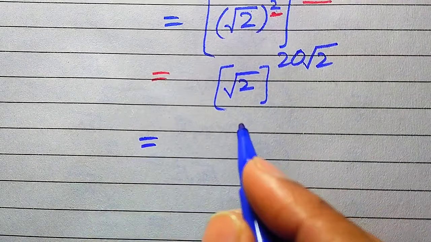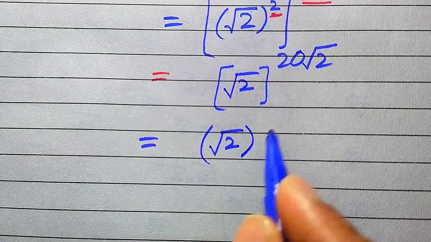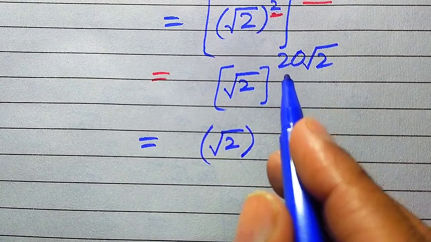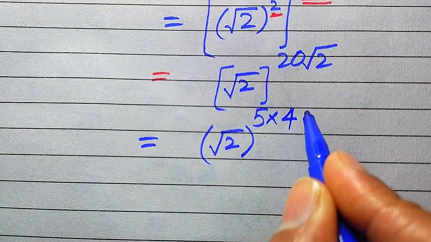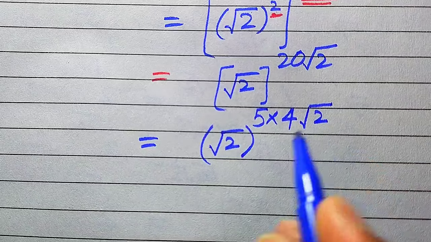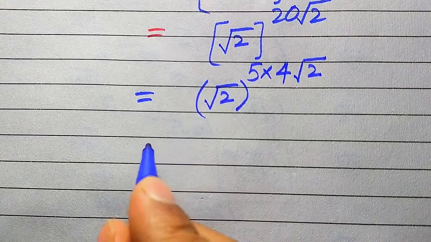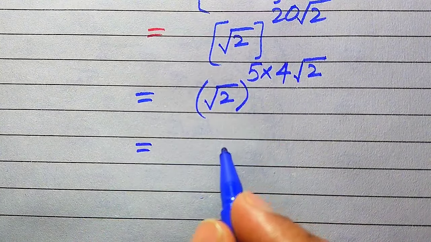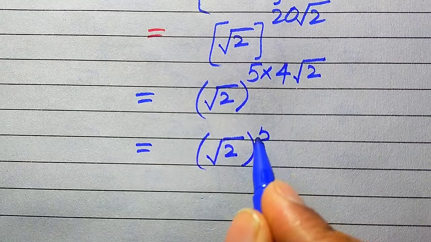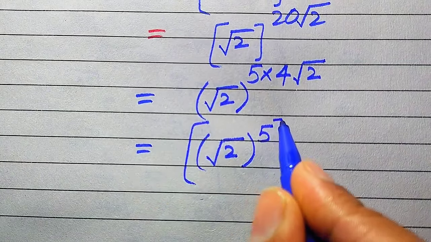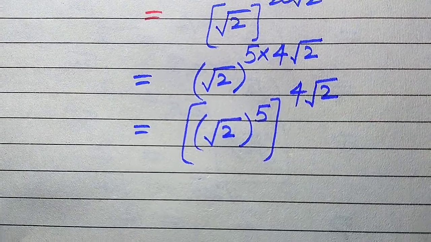So here we need more simplification, and it will be written as square root of 2 with power 20 times square root of 2, and we write this 20 as 5 times 4 times square root of 2. Okay, so here we again use the above exponential law, and we move this 5 inside, and it will be written as square root of 2 to the power of 5, and its exponent is 4 times square root of 2.